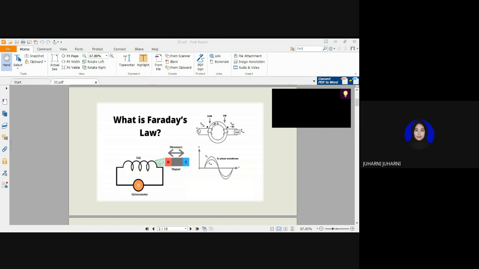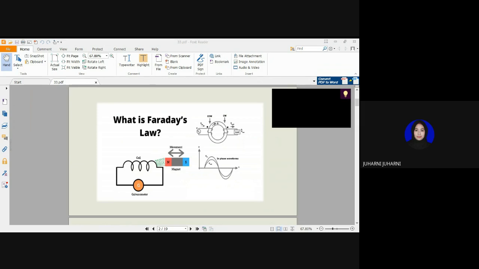The phenomenon of electromagnetic induction was explained by Michael Faraday, who belonged to England, and most of his work on electromagnetism was in 1831.